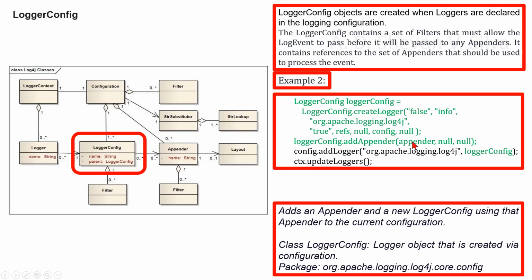This is the appender, and this is the level, and this is the filter. So here in the context, the addLogger adds a logger, and this is the name, and this is the logger configuration, LoggerConfig.